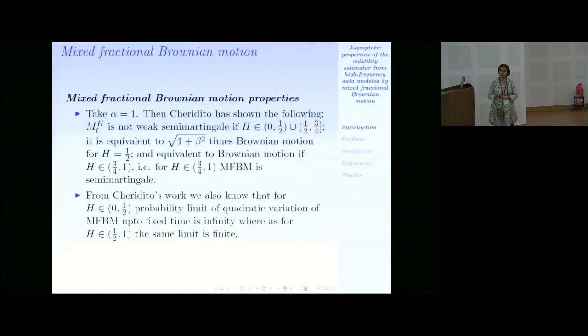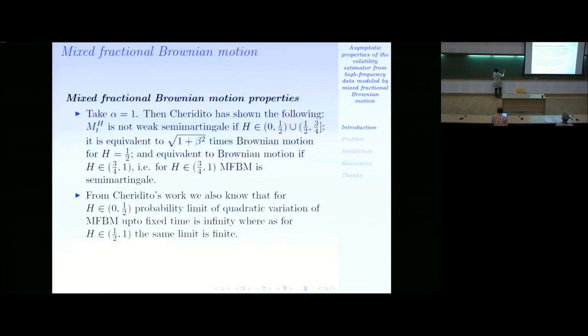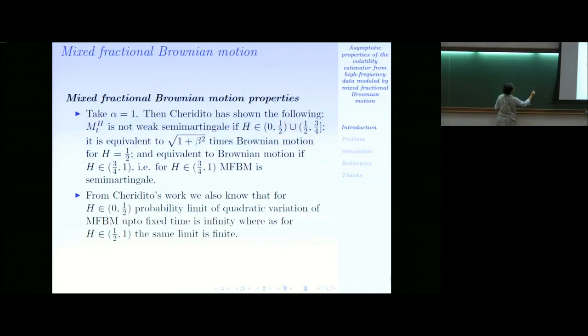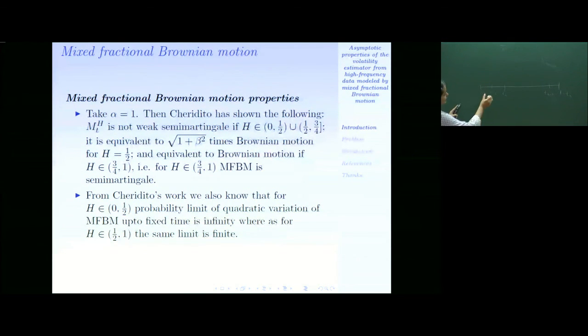And what he has also shown is about the quadratic variation process of the mixed fractional Brownian motion. By that what he means is, if you have a time scale, say 0 to 1, you chop the time scale into T1, T2, up to Tn, and the grid points are getting smaller and smaller.